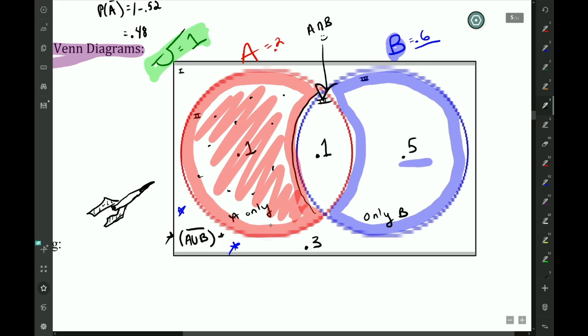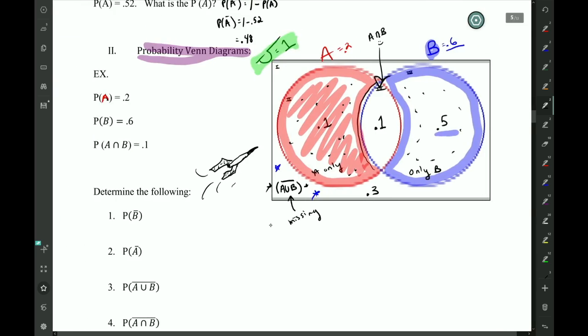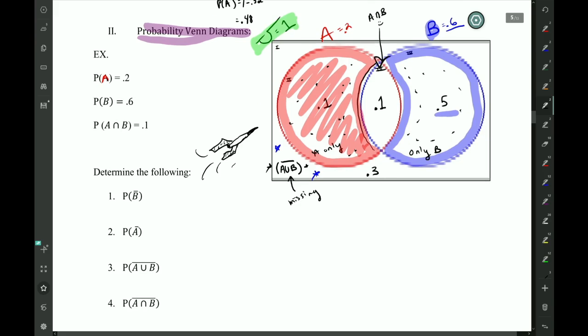The probability of it hitting the blue only is 0.5. The probability of hitting them both is 0.1, and the probability of missing the board entirely is 0.3. So there is a little dartboard example. Following the table, you can basically answer these problems.